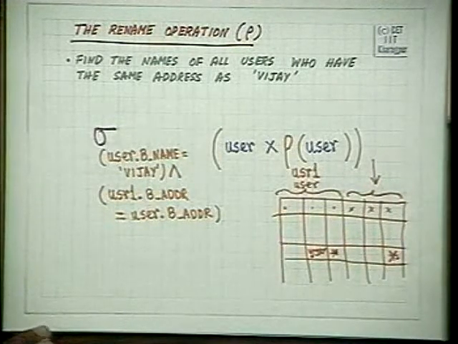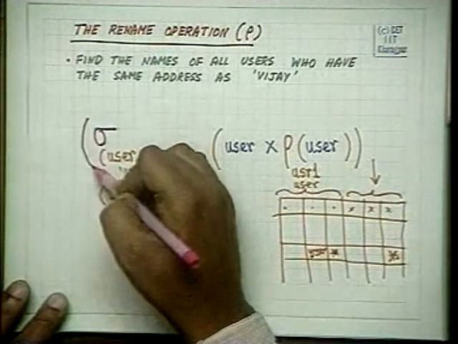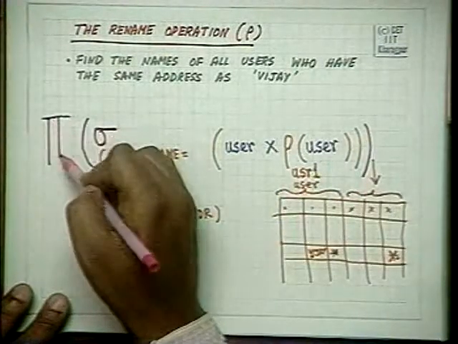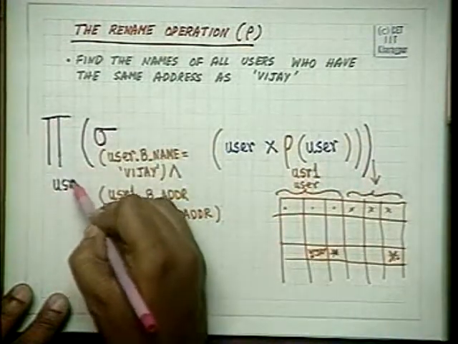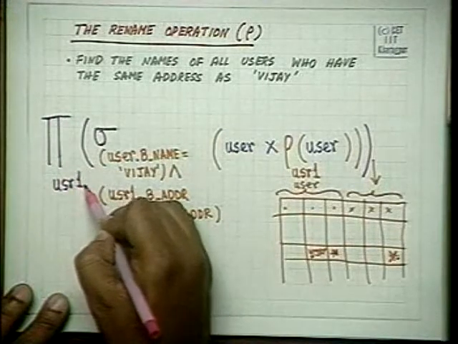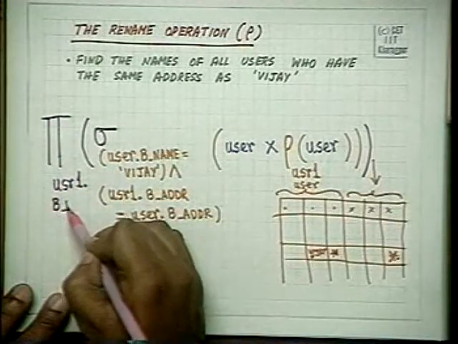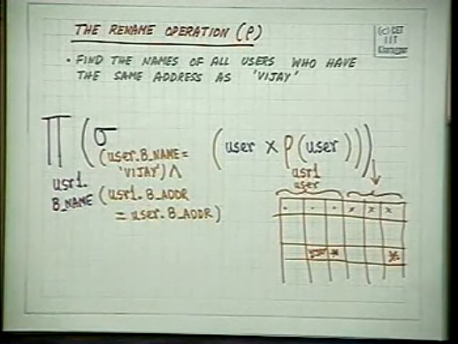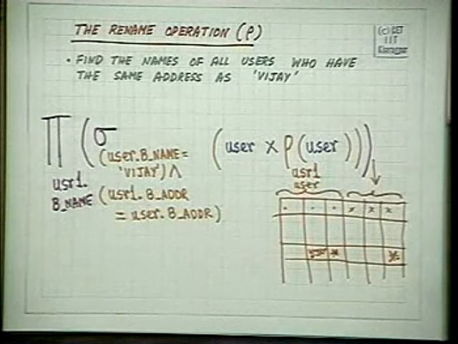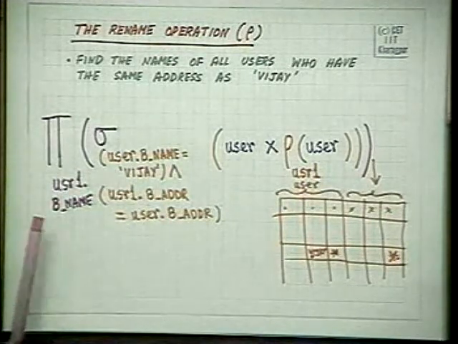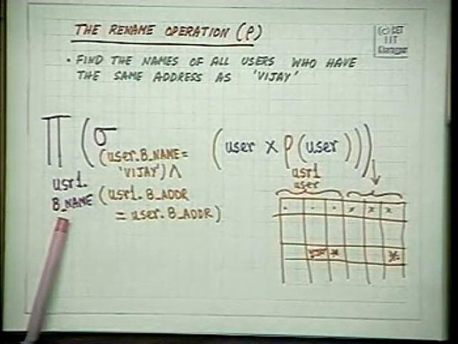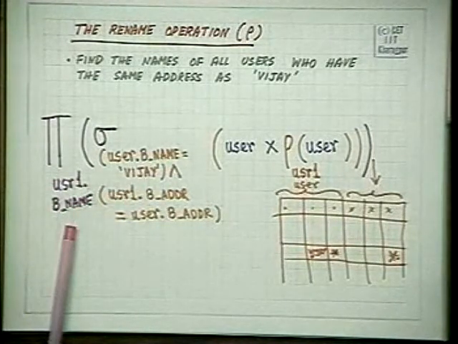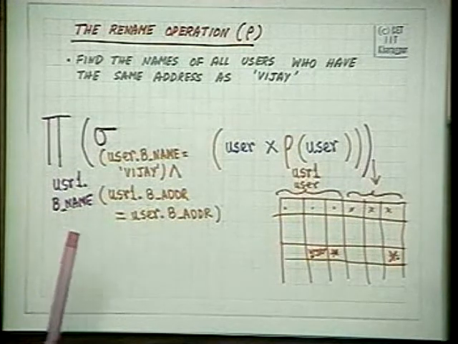So to extract that name out, we are now left to do a pi on USR1 dot borrower name. So we have got USR1 dot borrower name, and mind you, in this one Vijay's name will also come.